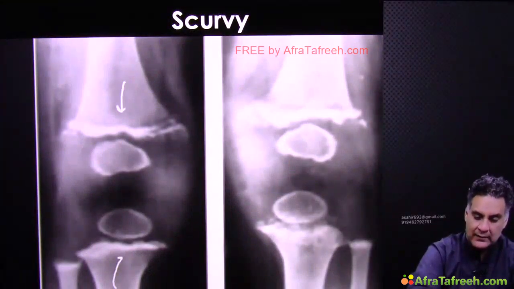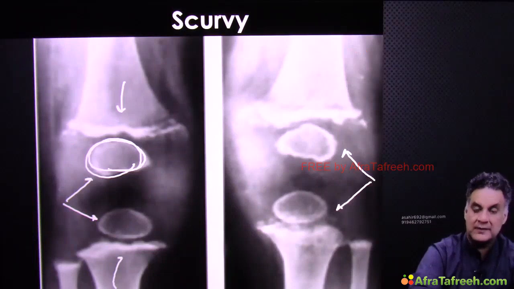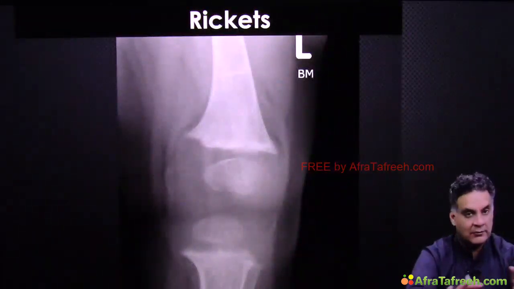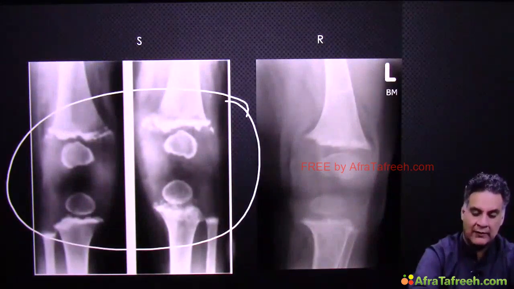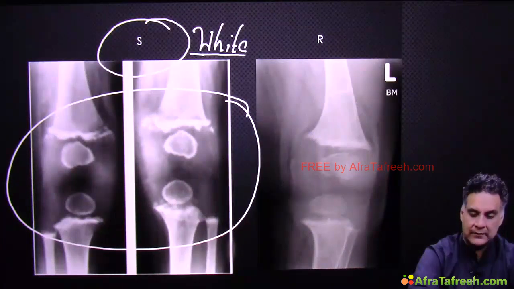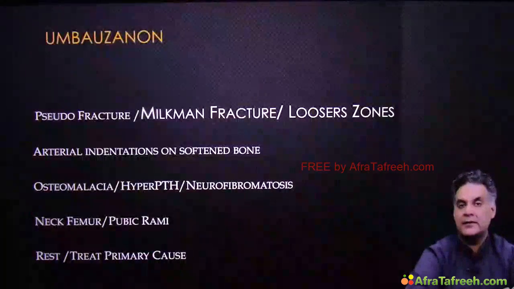This is the sclerotic margin of the epiphysis, called the Wimberger ring sign. This is rickets: widening, there's no whitening. This is scurvy: widening, all white. So scurvy is whitening, rickets is widening. If you remember this, you will be through.